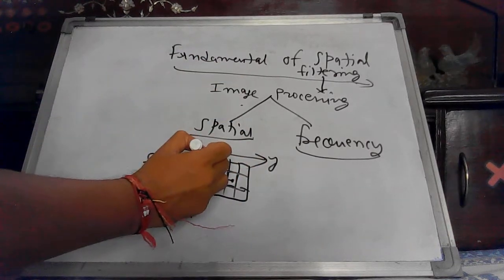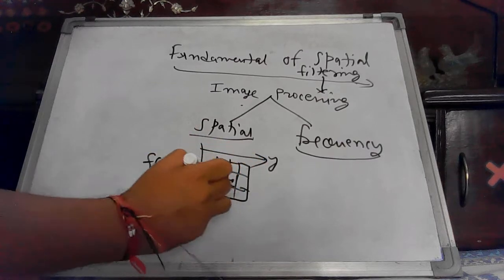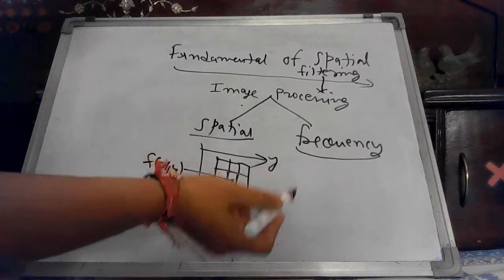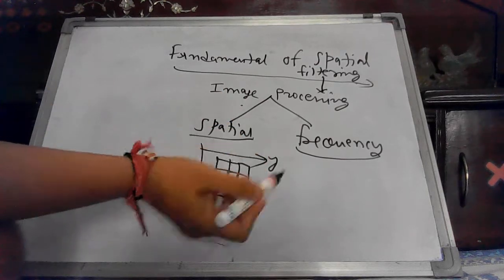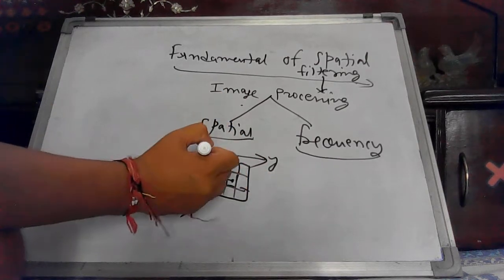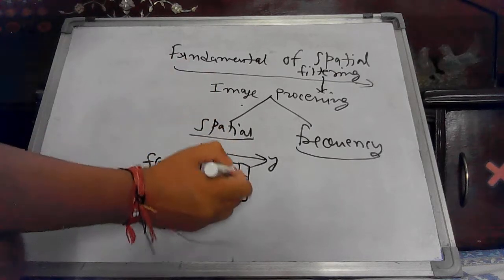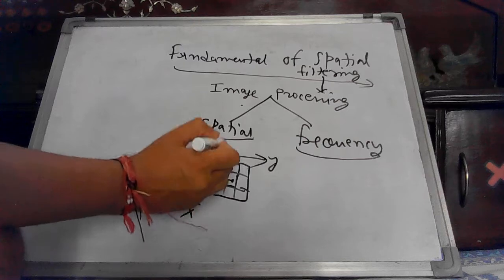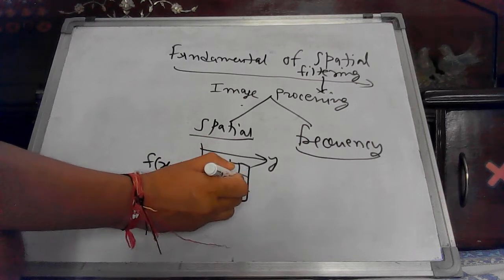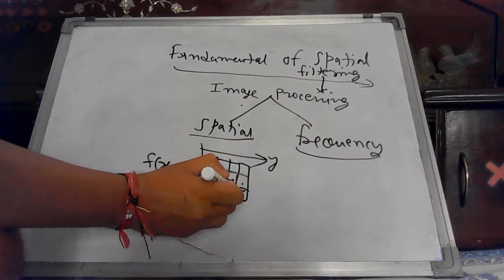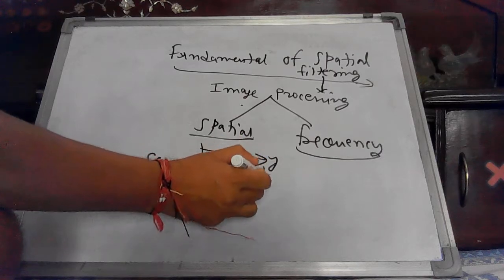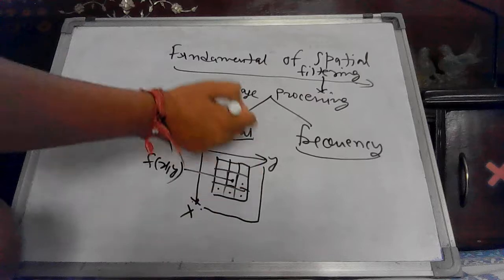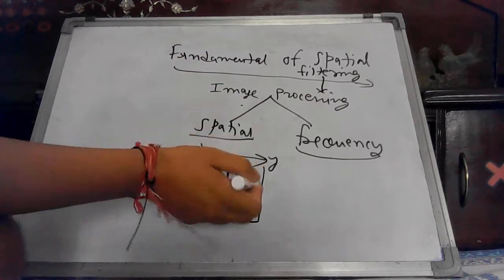You are processing pixel by pixel, whatever operation you are doing, whether for enhancing intensity, brightness, or any other purpose. You process a particular pixel and then move to the next pixel, then this pixel, this pixel, and so on throughout the whole image plane. That is the meaning of working in the spatial domain.